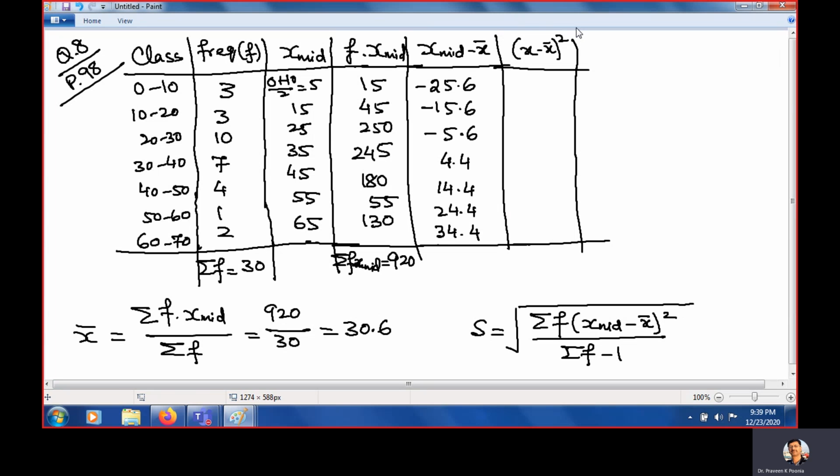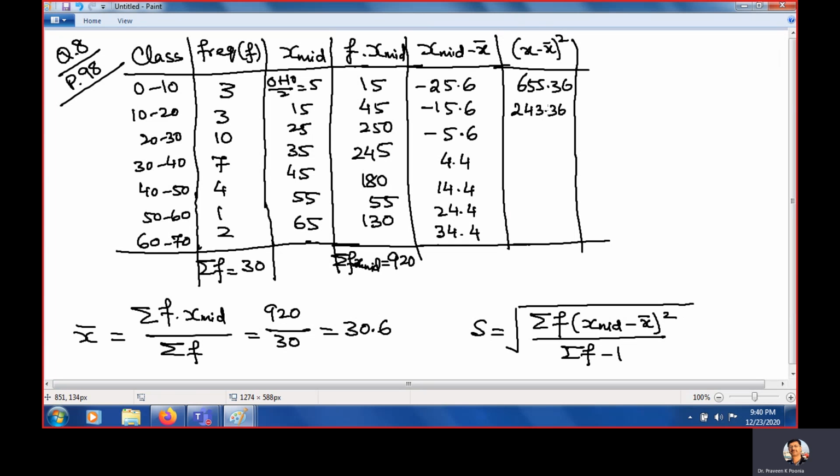So it is 655.36. Then minus 15.6 whole square is 243.36.